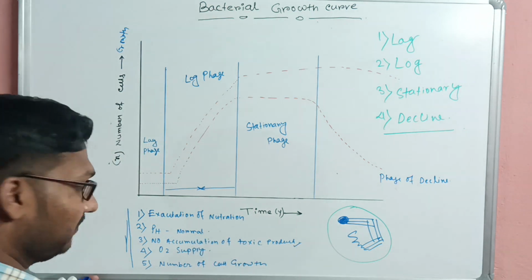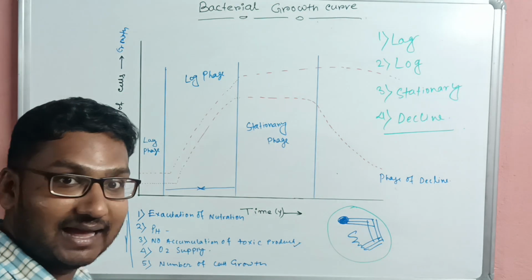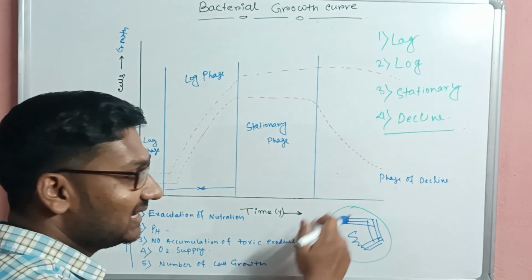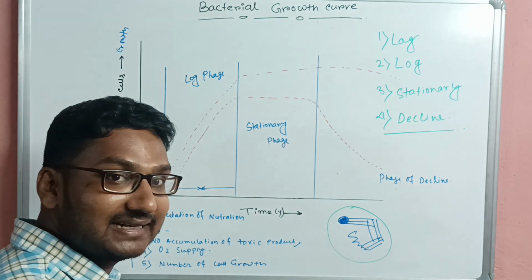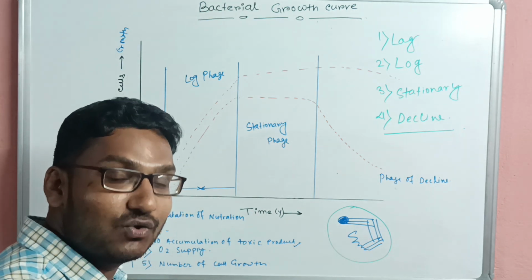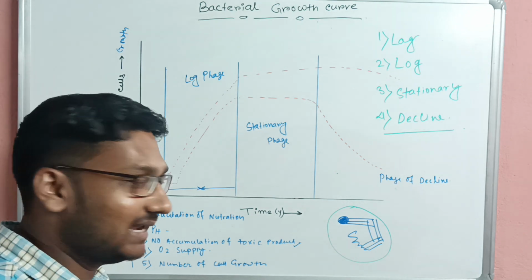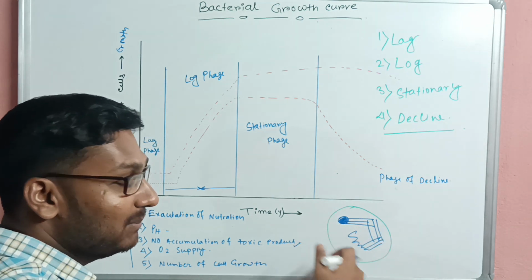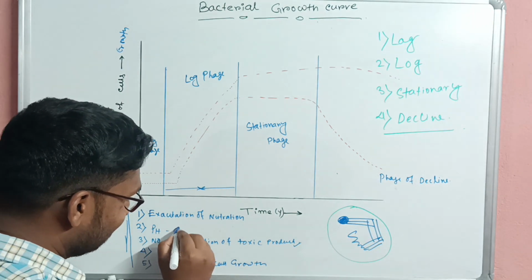Clear? Then pH. Why? Because of the rapid growth of bacteria, they release so many enzymes. The enzymes may be acidic or alkaline, so they can change the pH of the media. So pH changes.